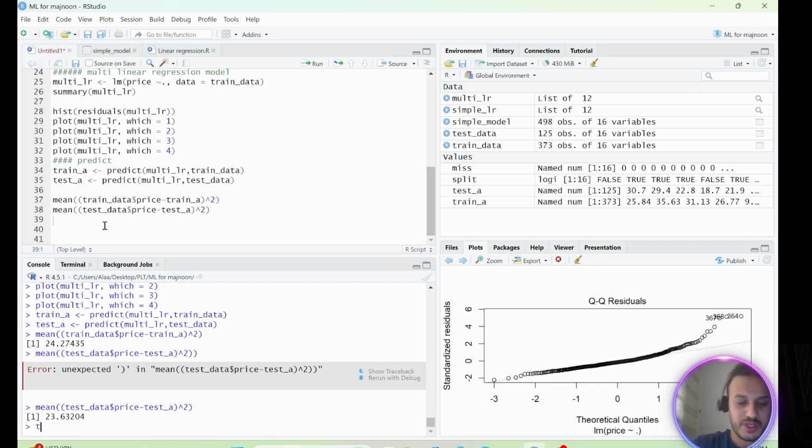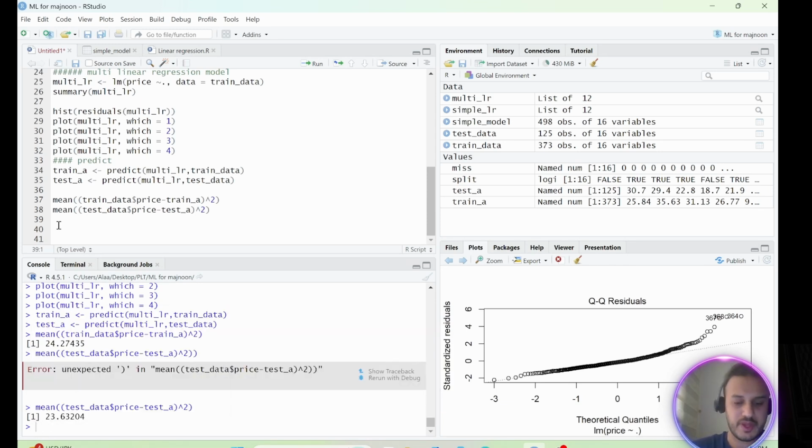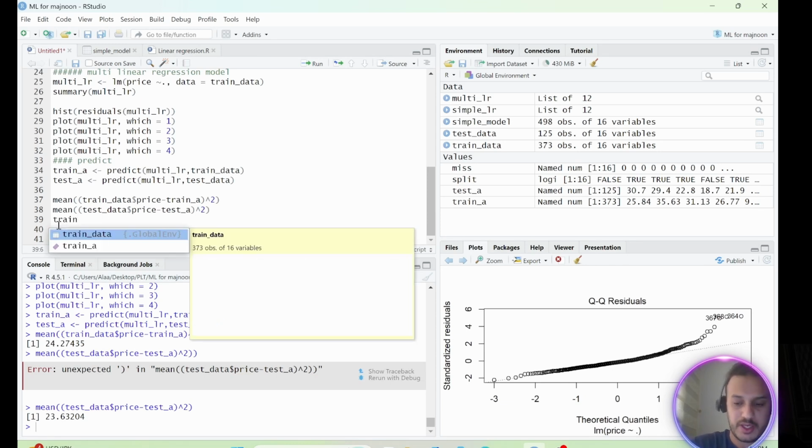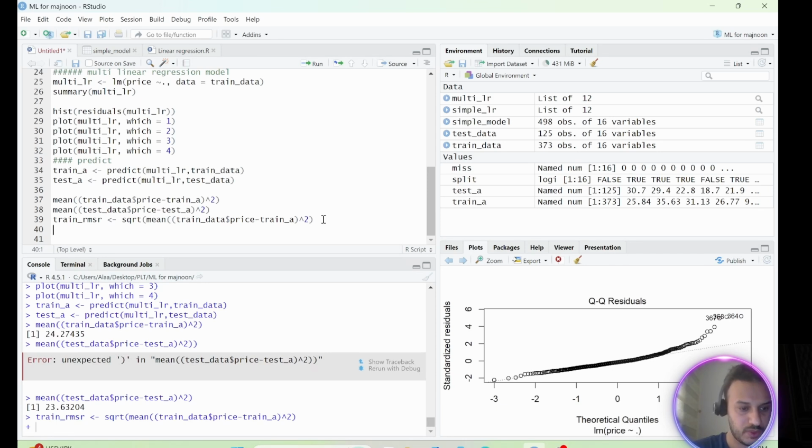Now, if I need to calculate my train square root, so I can easily interpret that. If you need an easy way to interpret, just get the square root of the mean. So I'm going to get the square root of the mean. That's why I'm going to do train root mean square error. This is equal to the square root of that mean.